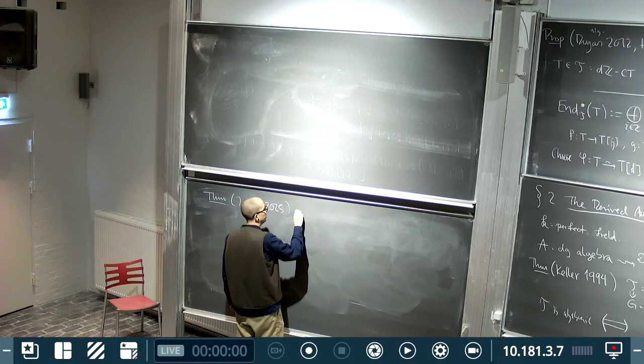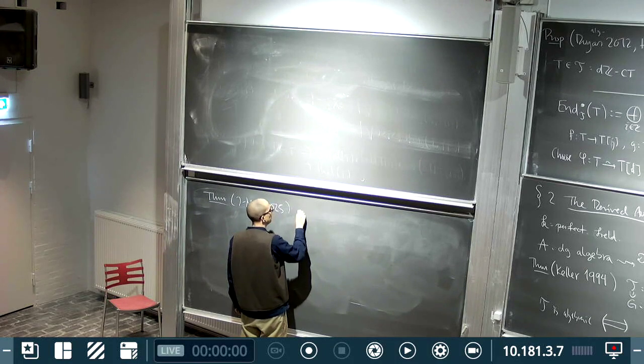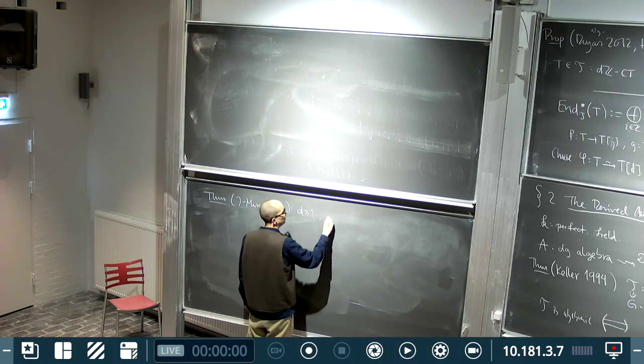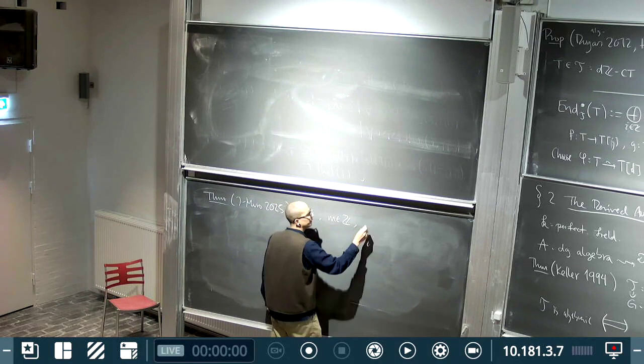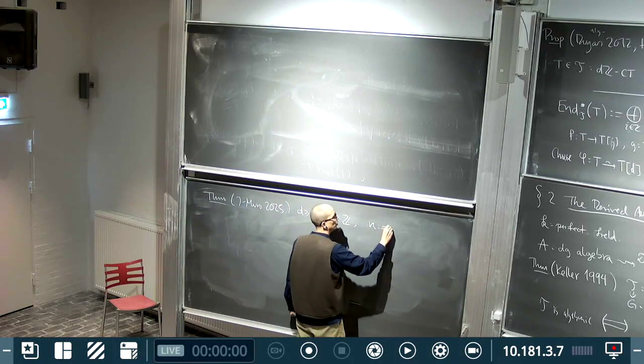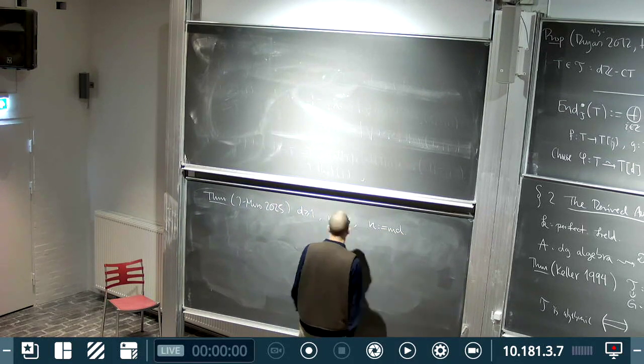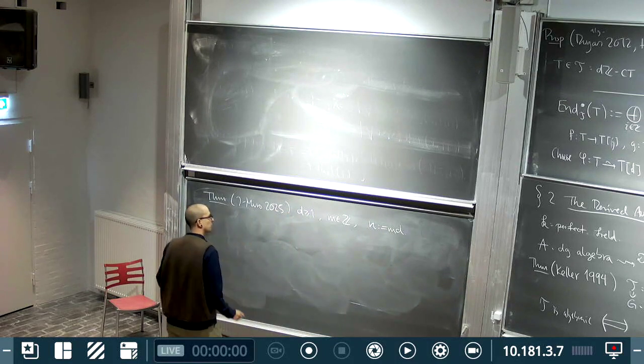So we still have d greater than or equal to 1, m an integer, and m times d. You will see where this comes from.